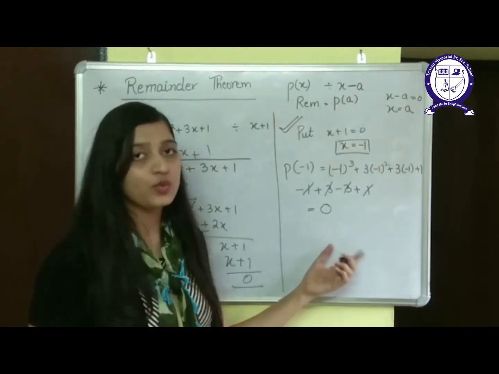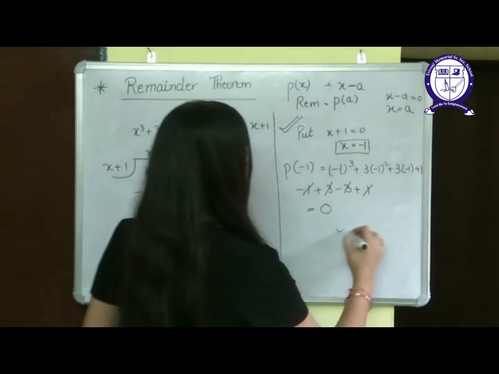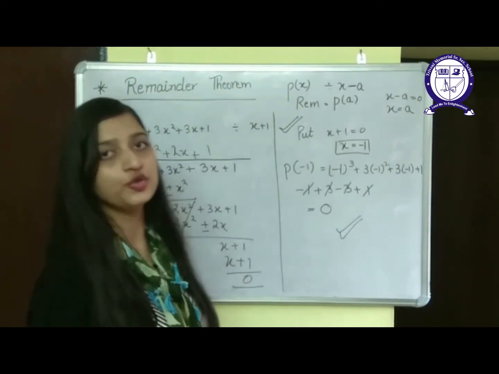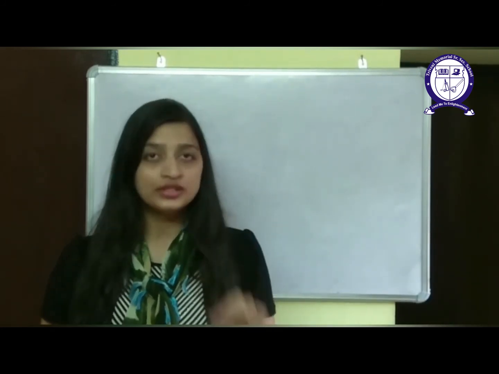So this method is quite applicable and you should use it. In this video, we are learning about remainder theorem and how it saves our time. Instead of actually dividing a polynomial, we are just putting the value of x and we get the remainder. But whenever the question says find the quotient and remainder, then in that case you need to divide it, and if it says find the remainder, you just need to put the value.